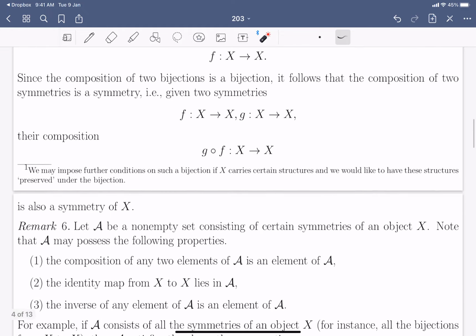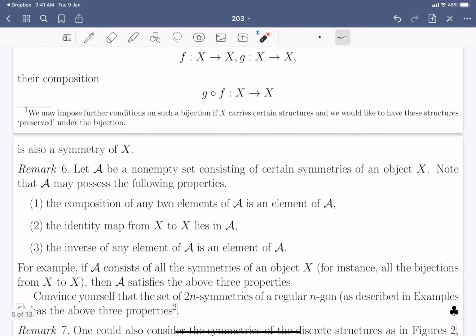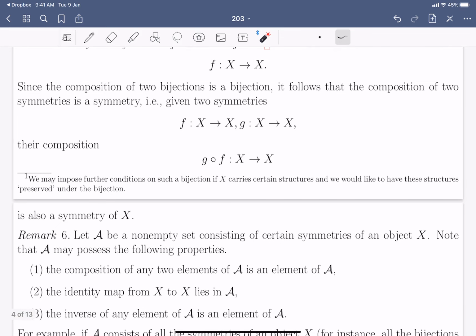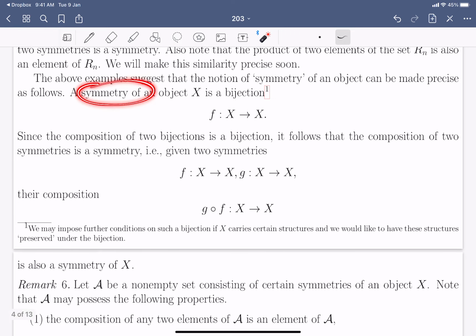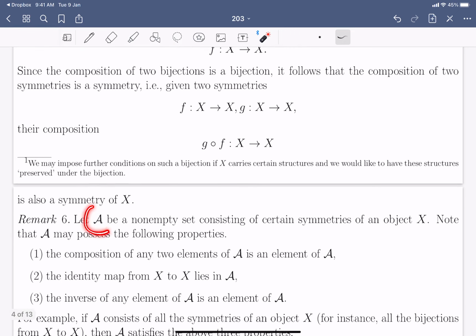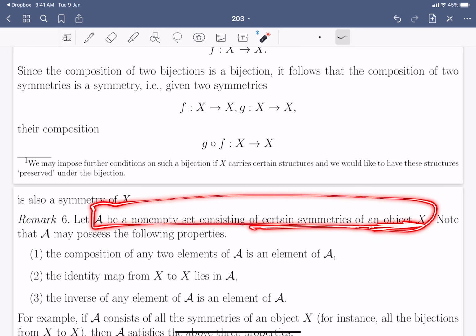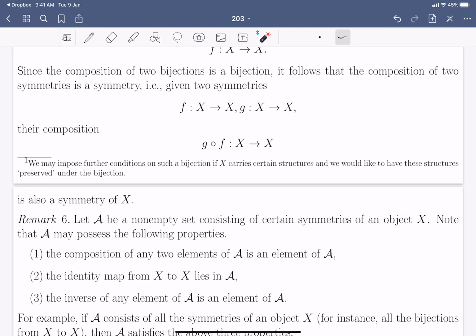And so now you can hope that altogether the following properties will be satisfied for the kind of symmetries that you have in mind. So let's fix a set A. Inside A there are certain symmetries of a certain object X. Please do not be puzzled with the statement, because this is just a remark. This is somewhat naive, I agree, but we are moving on towards something very concrete.